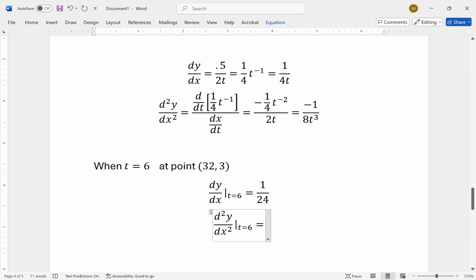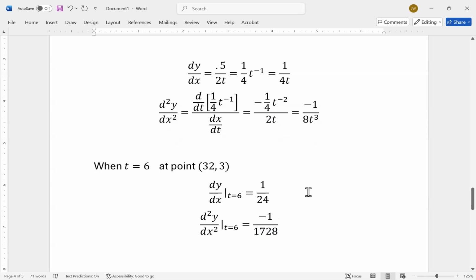So I get -1 over 1,728. So very close to zero there. Very close to kind of straight looking there.